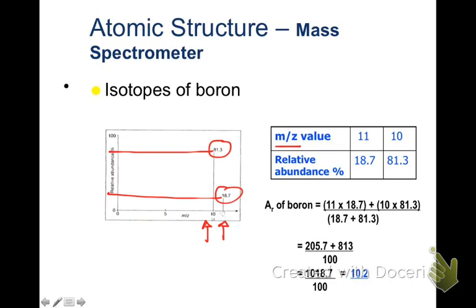To calculate the average atomic mass of boron, you would take that m to z value, multiply it by the percent abundance, do the same for the second isotope, and then you would get the relative atomic mass of boron at 10.2.